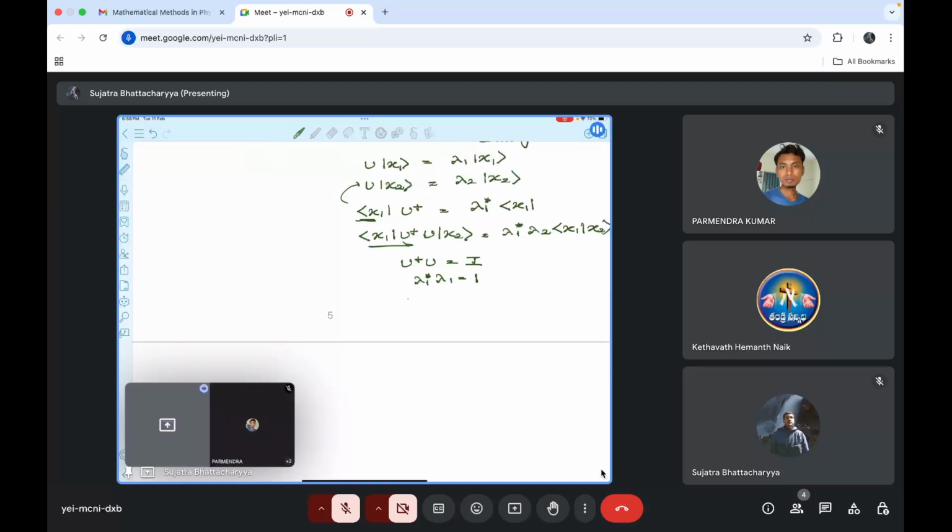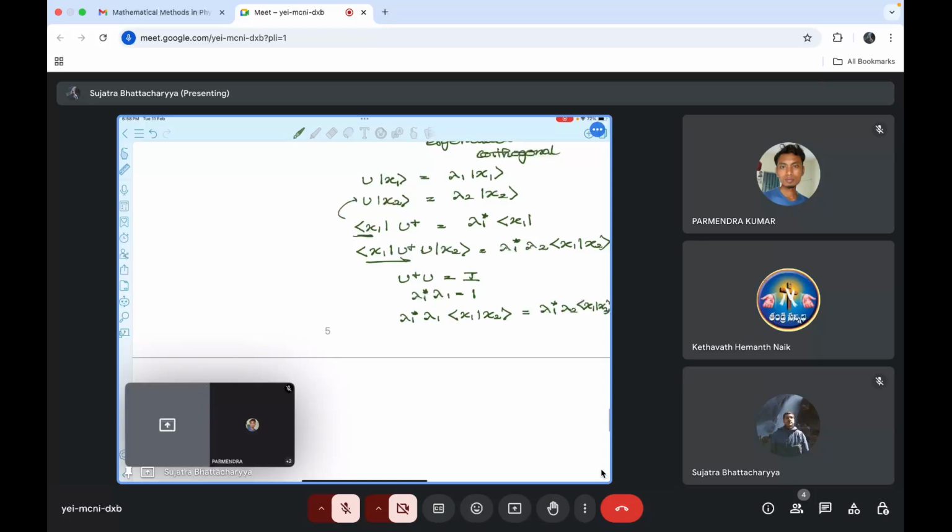So what we can do is that if we just write lambda 1 star lambda 1 of x1 x2, it will be equal to lambda 1 star lambda 2 x1 x2. So what is happening here is that you're operating this u dagger u, this identity, in some way.